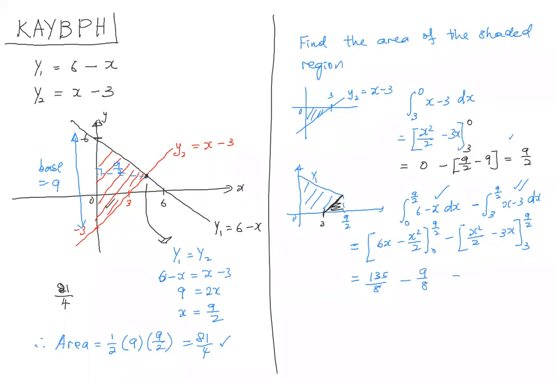So you minus off this. So you got 15 and 3 over 4, right? So you see, we add 2 up.